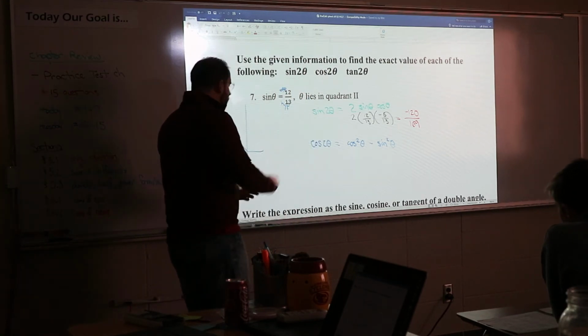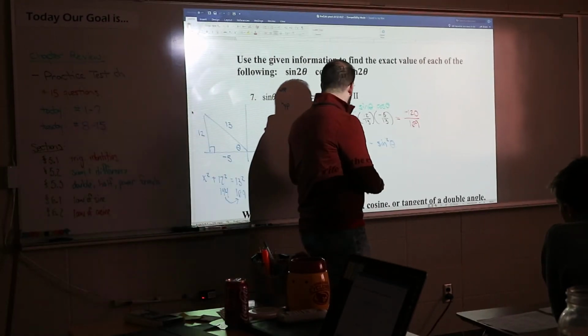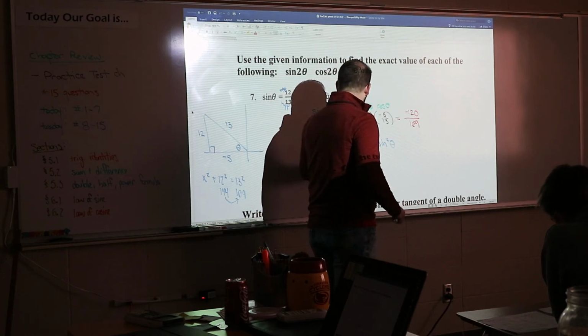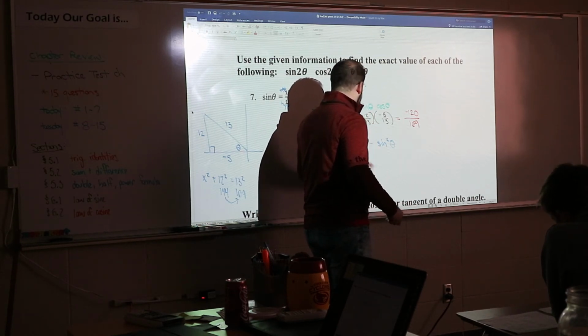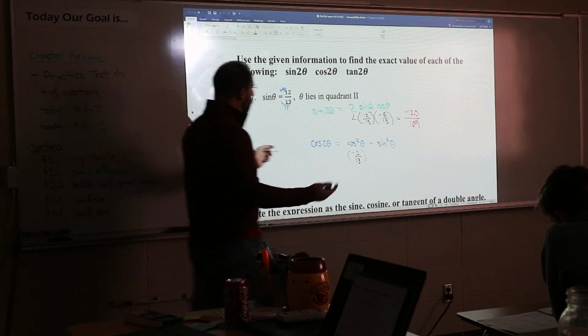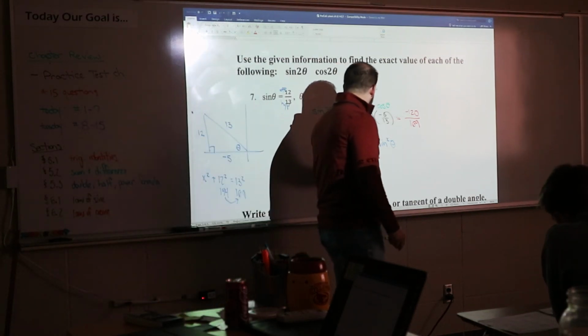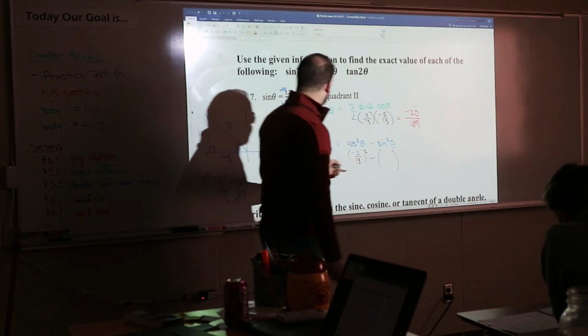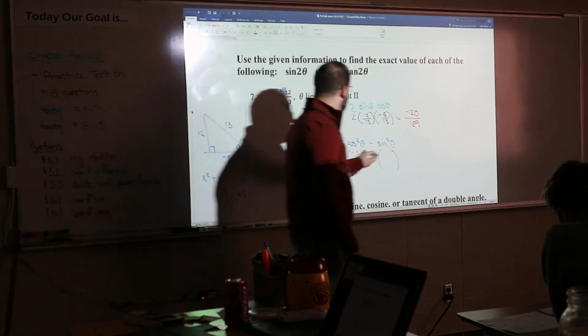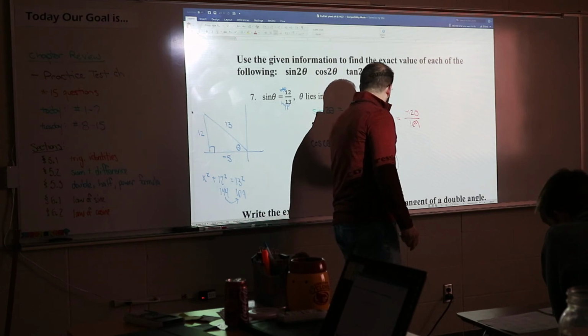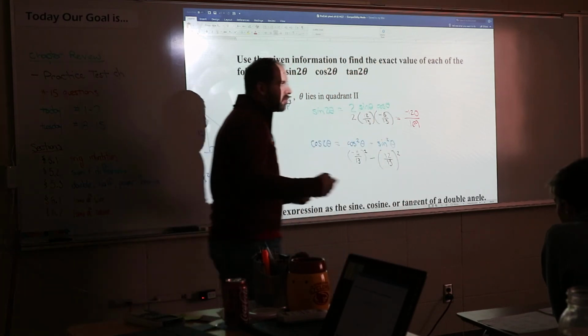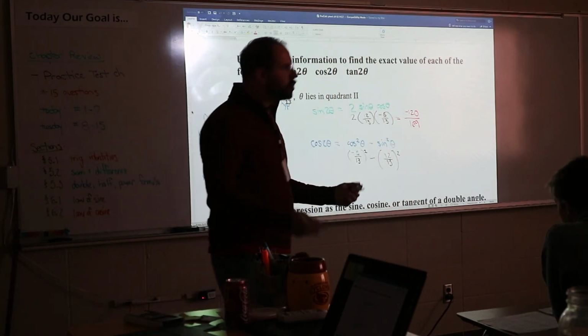So I'm just going to plug in the numbers. We already know what cosine is. Cosine is -5 over 13. We figured that out earlier. That's the cosine of this triangle. But we're squaring it, because that's what the little square means. We're squaring that fraction. And we're subtracting from that the sine squared. Well, sine on that triangle is 12 over 13, and we're squaring that. How you square fractions is you square top and bottom each.